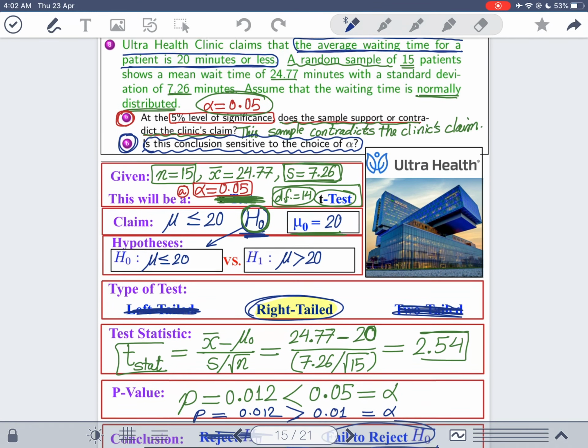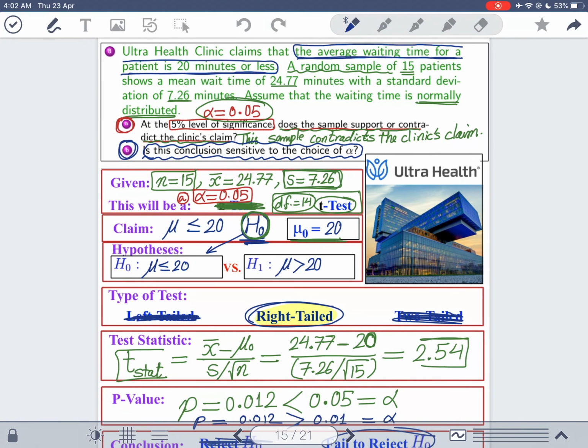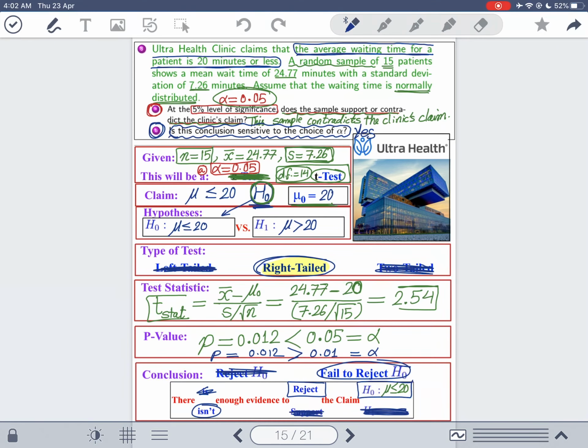And so here you will say that yes, the conclusion is sensitive to the choice of alpha, because if we choose alpha to be 1%, then the claim of the clinic is supported by this sample. Okay? This is very important. If you change the alpha, the level of significance, you can change the conclusion of the question. See how good it is and nice and easy even to solve? Okay, so this ends this question.